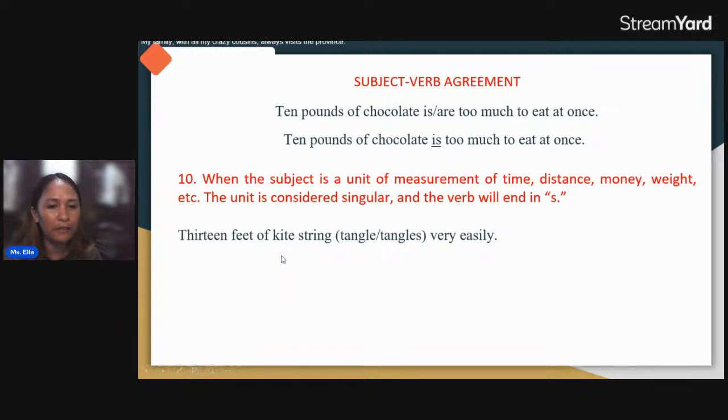13 feet of kite string, tangle or tangles very easily?